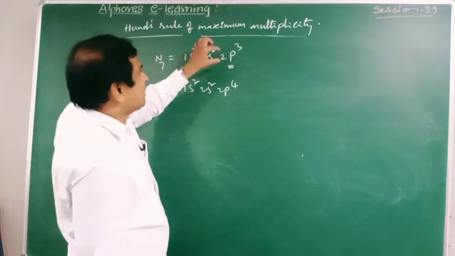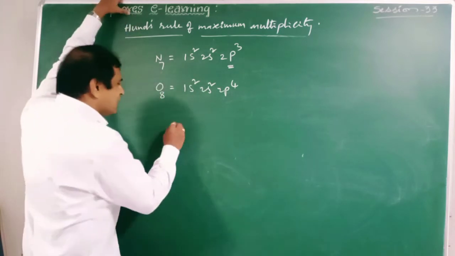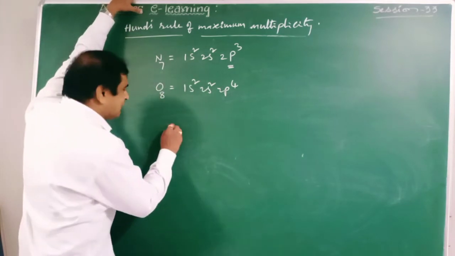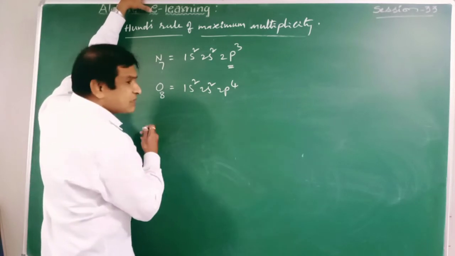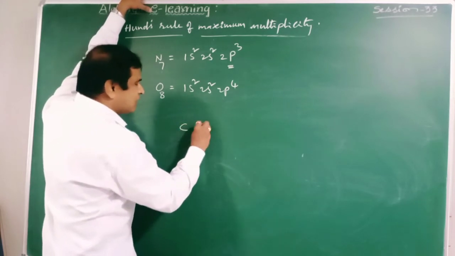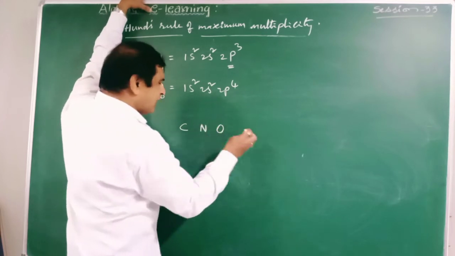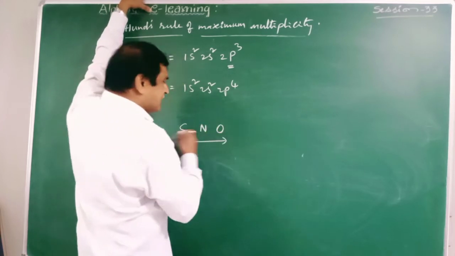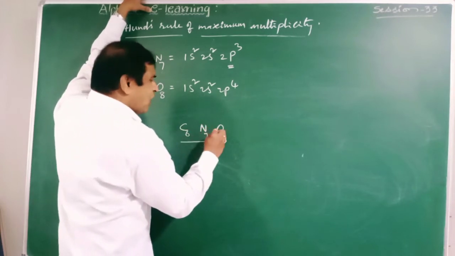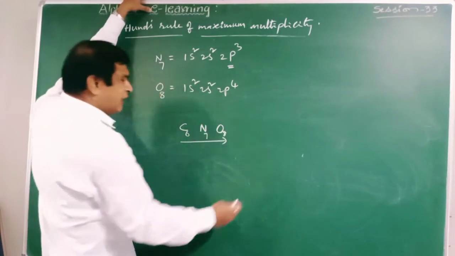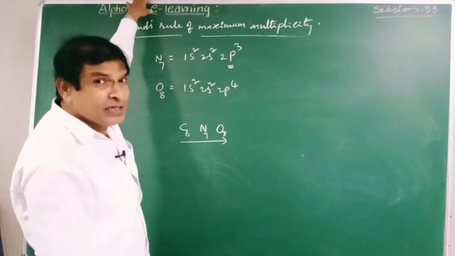As we know, moving from left to right in the periodic table, as you might have studied in the 10th class, in a period, let us take the second period: carbon atomic number 6, nitrogen 7, oxygen 8. Moving from left to right, ionization energy should increase.